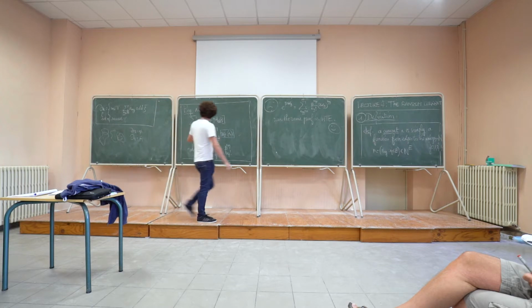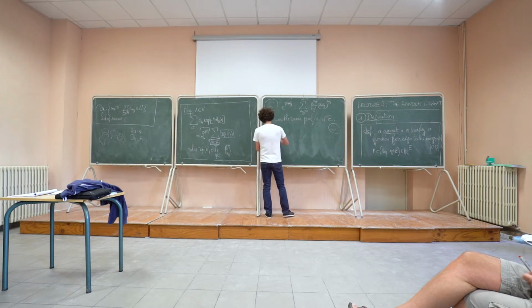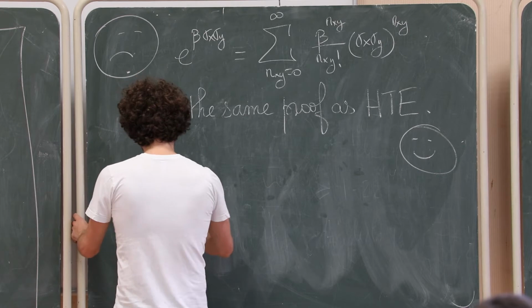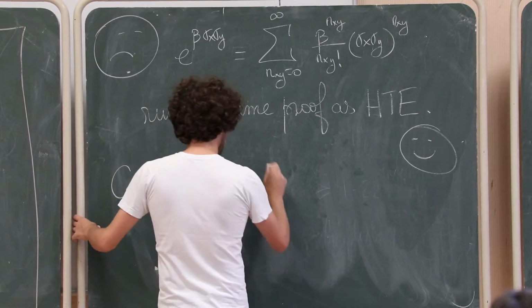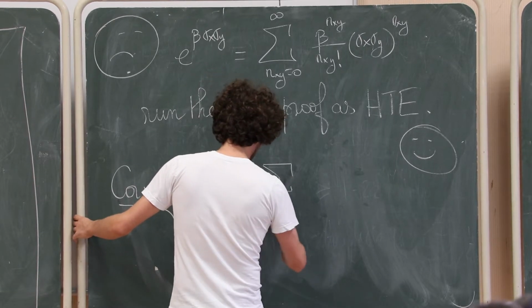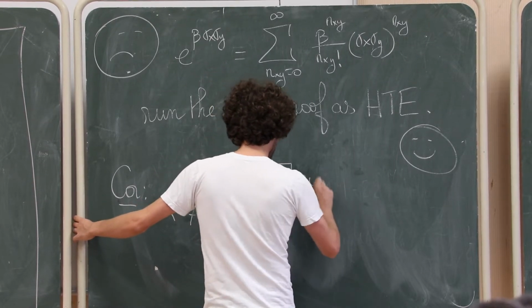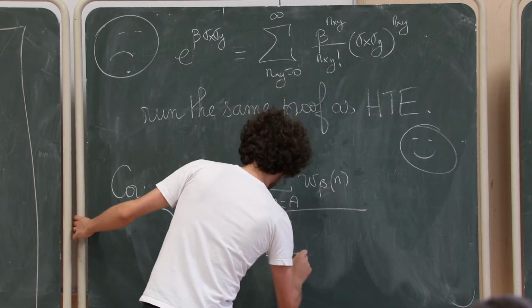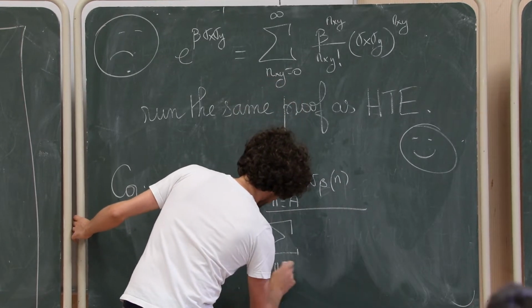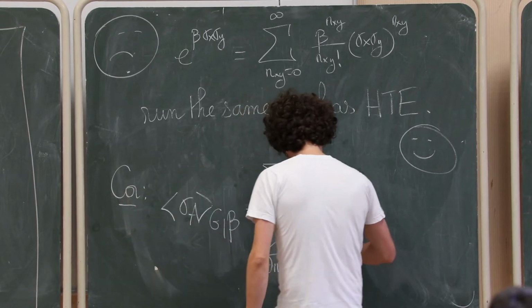But a direct corollary of this is that the expectation of sigma_A is just the sum over currents with sources A of w_beta of n divided by the sum over currents with no sources.